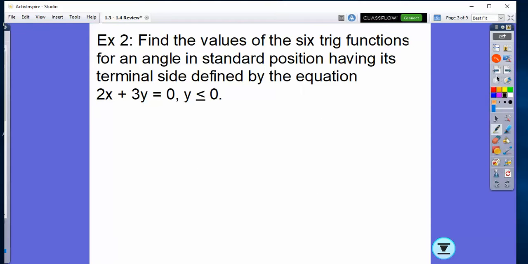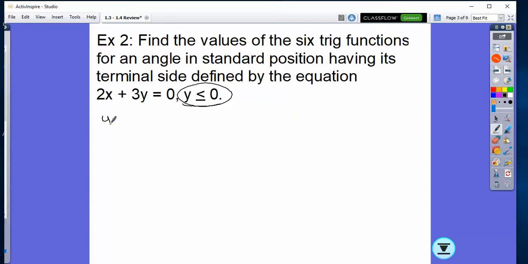What if, instead of giving you a point, I just gave you an equation for the line? What do we have to do here? Okay, I'm telling you this time that y is less than 0, so you have to pick a negative y value. It can be any negative y, and we usually try to pick ones that would avoid giving us fractions. If you think about it, when you solve for x, you'll have to end up dividing by 2, so let's pick an even y value.